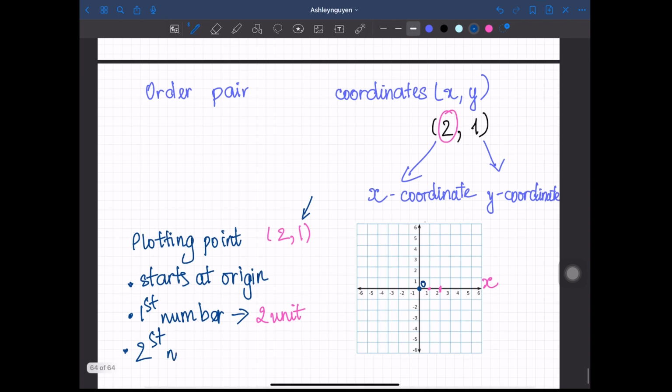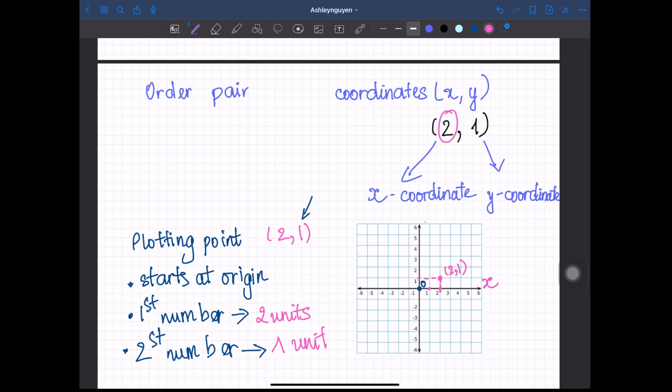In this case, you move up 1 unit because it is positive. So that's point 2, 1 plotted in the Cartesian plane.